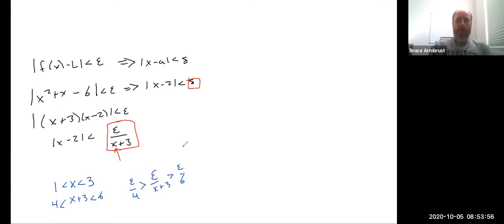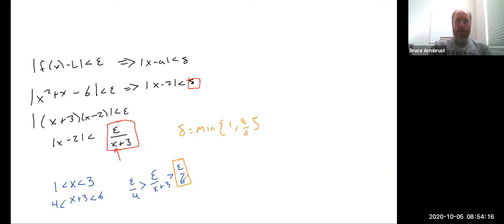And with our search for deltas, we always go small. So we're going to take the smaller value, which is epsilon over 6. So what I know then is my delta is going to be the minimum of 1 or epsilon over 6.